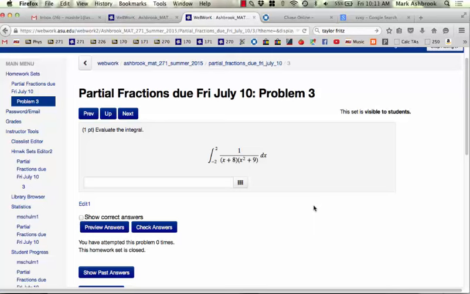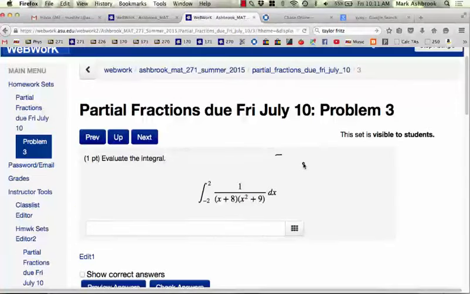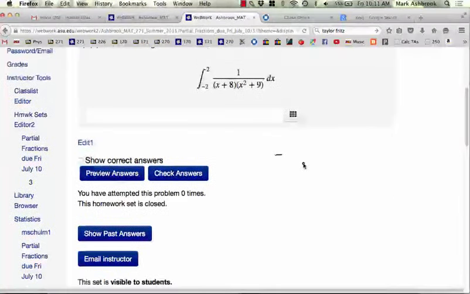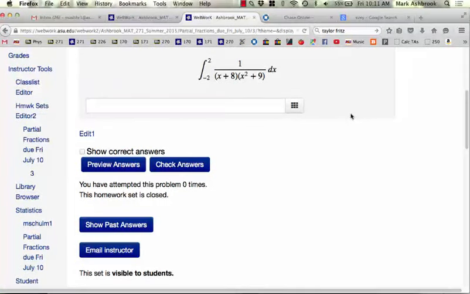Okay, let's. I'm going to talk about this one. So after you do the partial fraction decomposition, you get this.